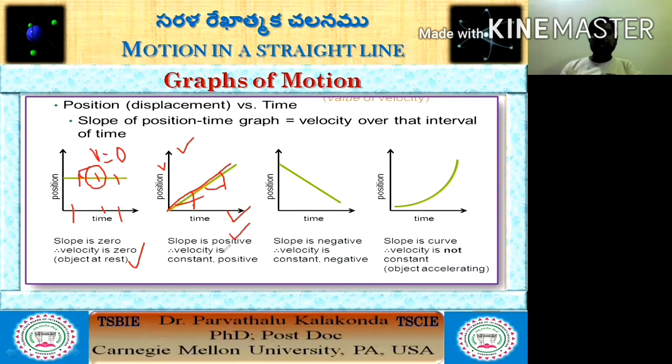Velocity is constant and also positive. Okay, so from this graph, what do you understand? Object is in a uniform motion, constant velocity, positive. Slope of this curve is positive.